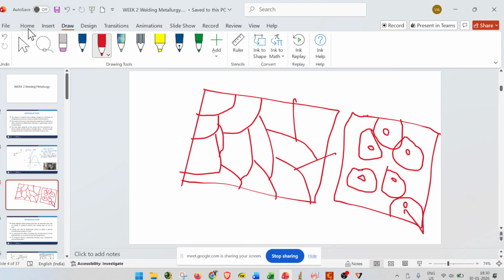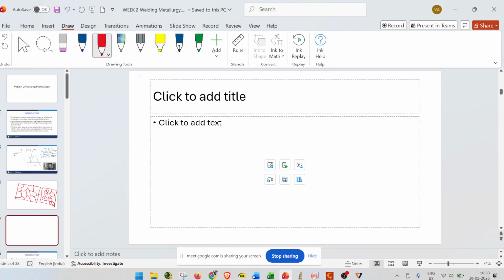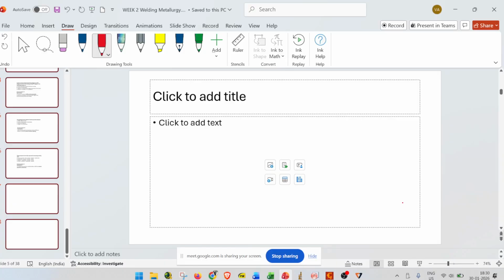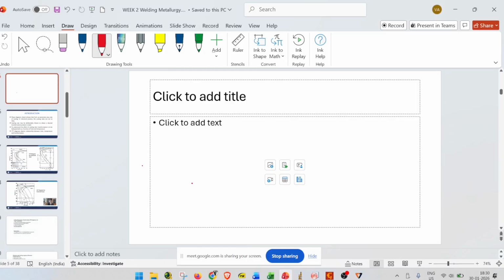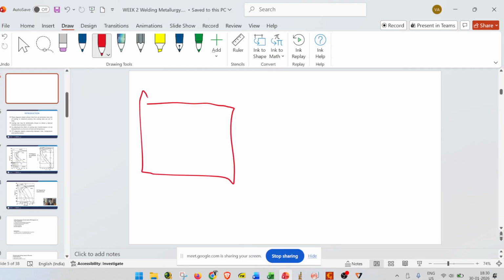Okay, so now I have here two microstructures.